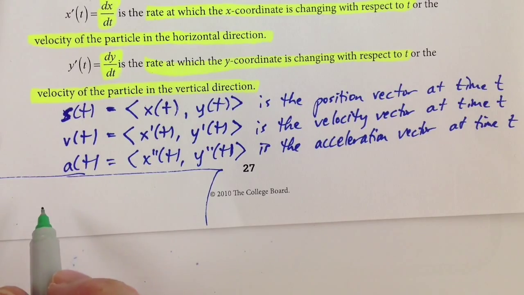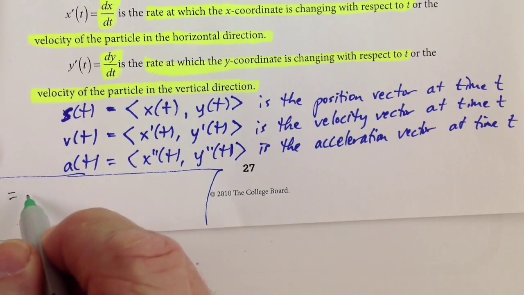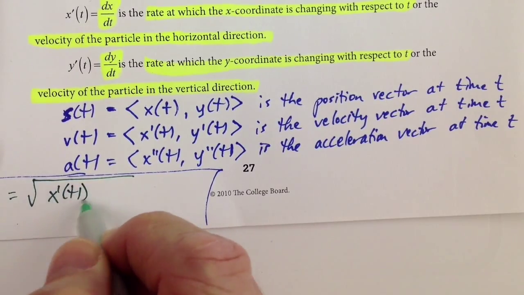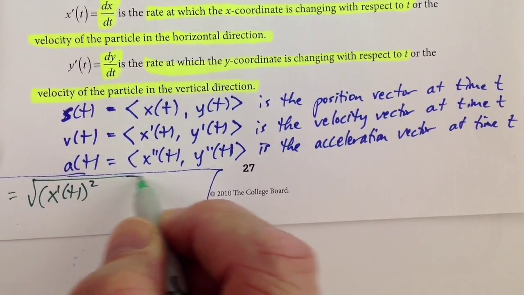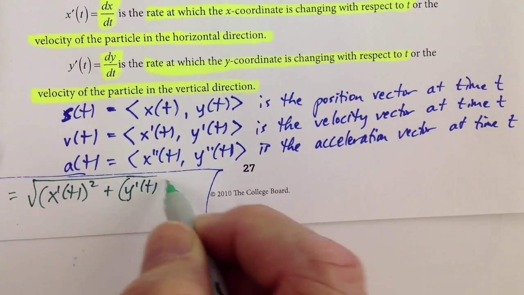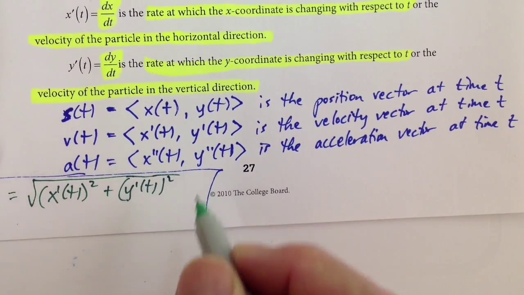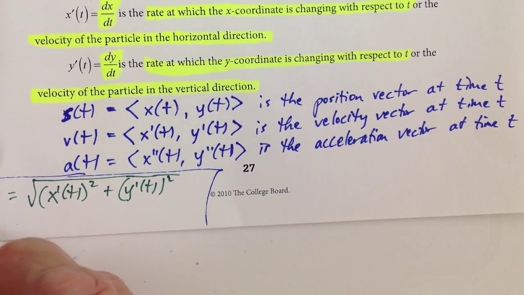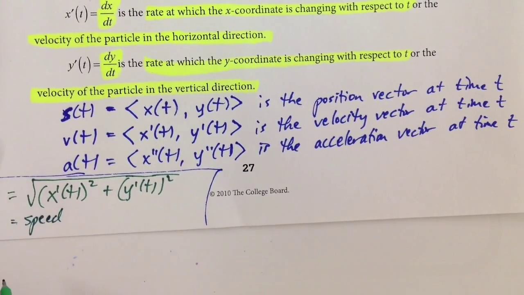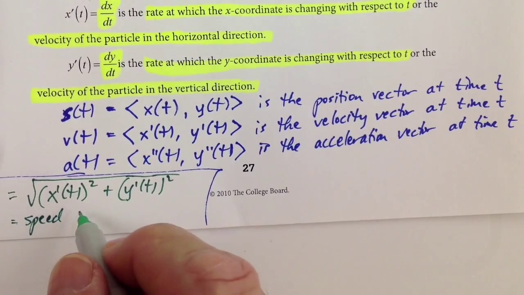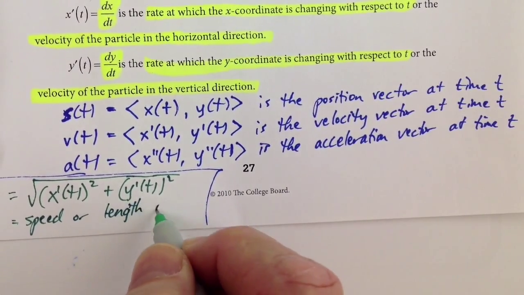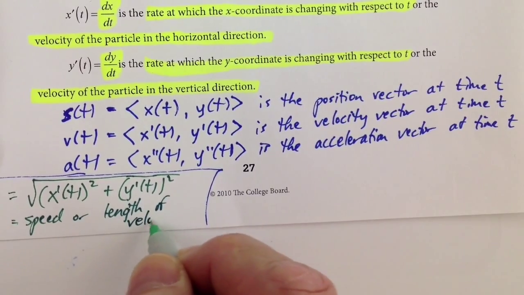And if we want to find the magnitude of a velocity, we would take the square root of x prime squared plus y prime squared. And that's the speed of the particle at time t, or the length of the velocity vector.